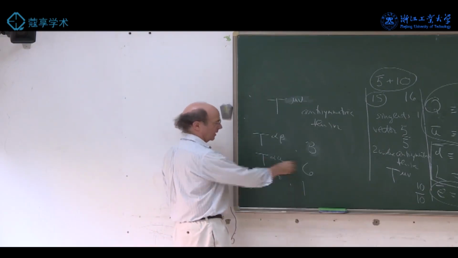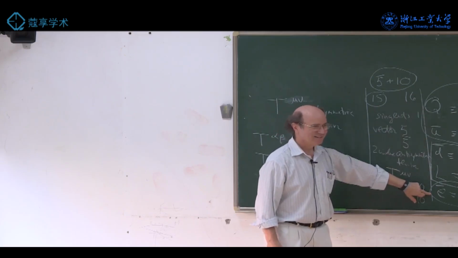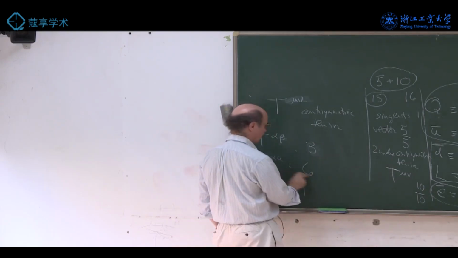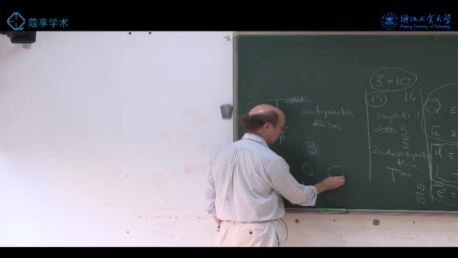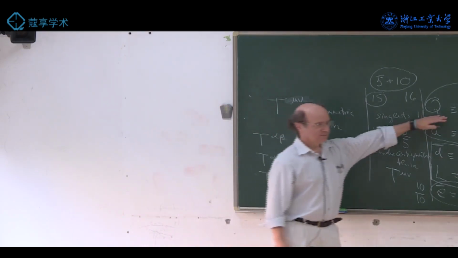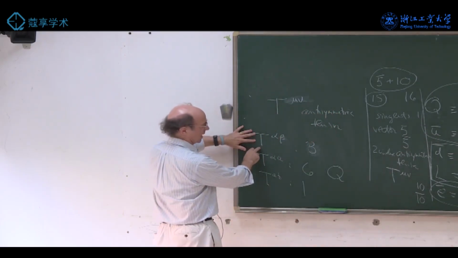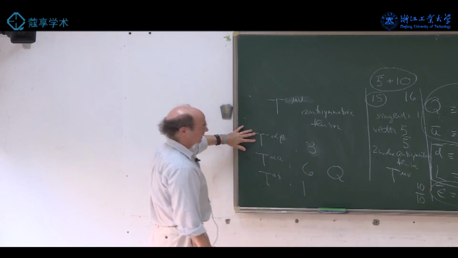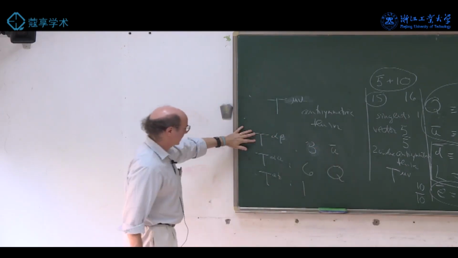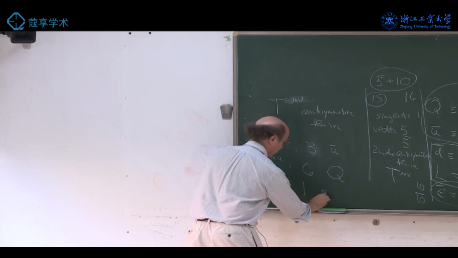Okay, so in order that those should correspond with these guys, what we need is that this matches the quantum numbers of Q, the 6, that this matches the quantum numbers of U bar, very good, and that this matches the quantum numbers of E bar.